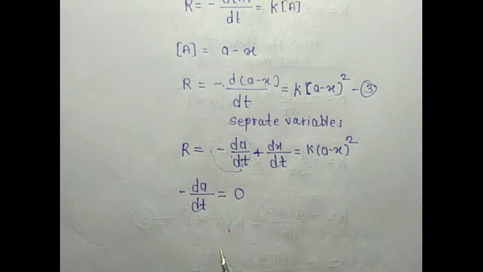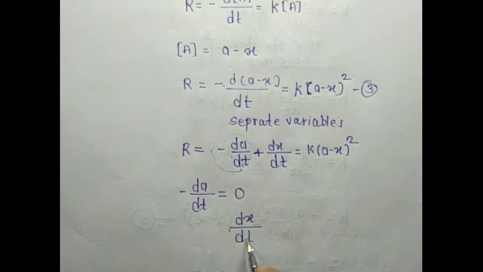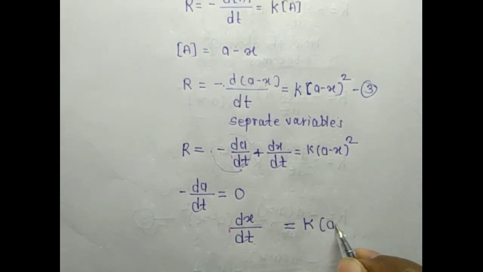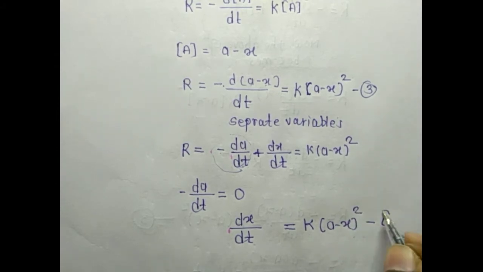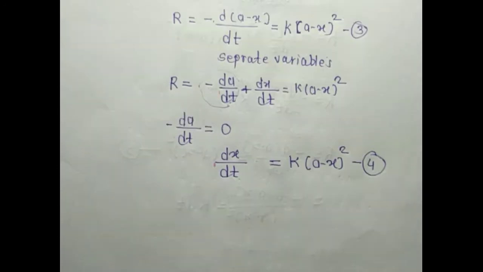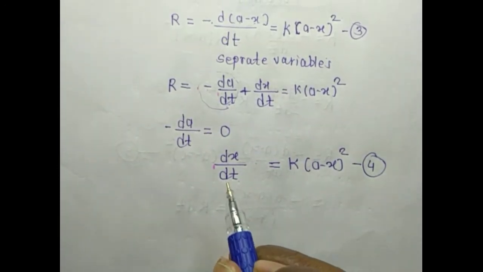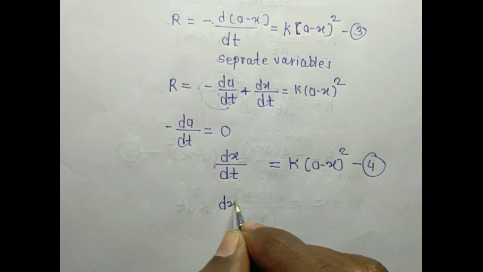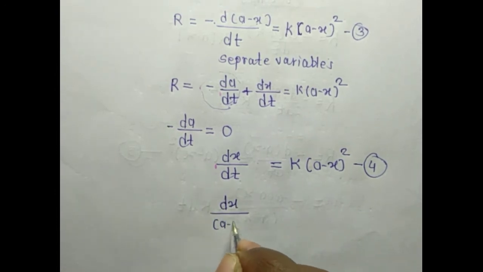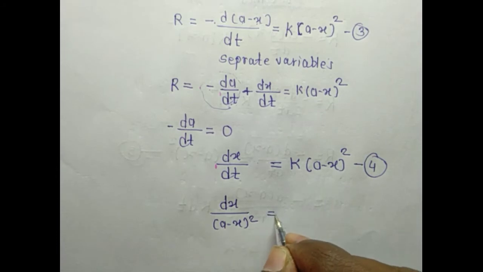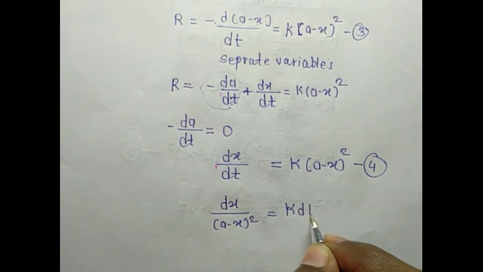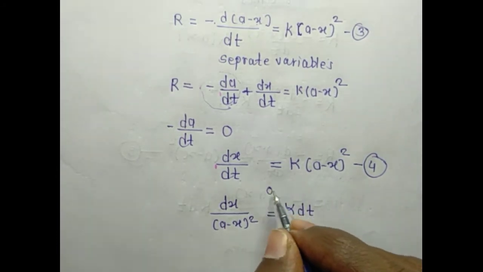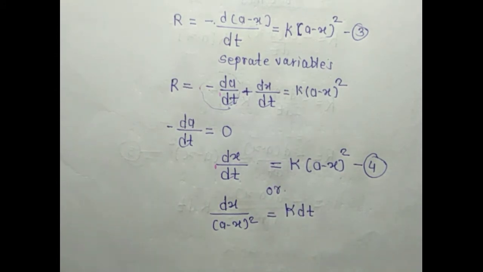Now the remaining is dx upon dt is equal to K times the concentration (A minus X) squared. This is our equation number 4. We also write this equation as dx upon (A minus X) squared is equal to K dt. That is our equation number 4.